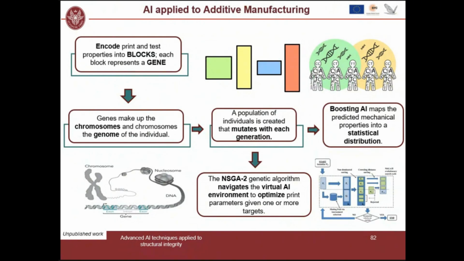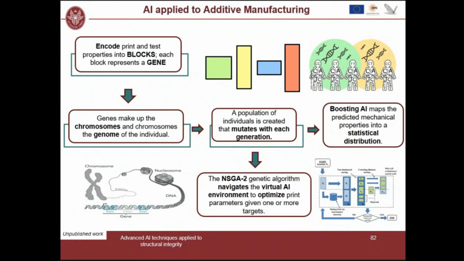And I let the optimization go. But in this case, I had to make some changes, because here we are maybe interested in doing a multi-objective optimization. So we want to optimize multiple mechanical properties at the same time. So I've used a non-dominated sorting genetic algorithm, the third version. Sorry, here it's written 2, but I applied the third version of it.